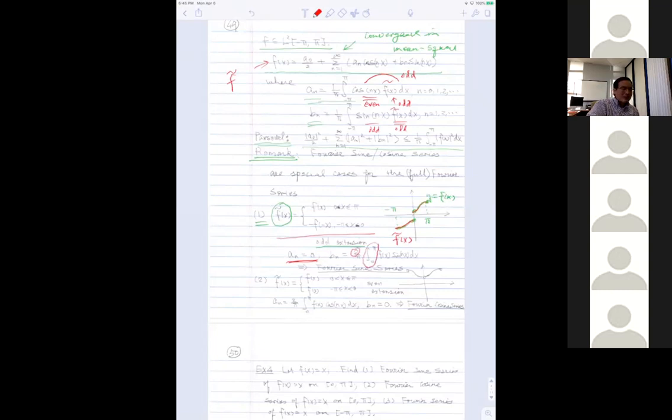If you look at this formula here, then you will know that the an terms would be 0, so that you would only have the bn terms, the sine terms. That is why after you have the odd extension, the full Fourier series becomes just a Fourier sine series.